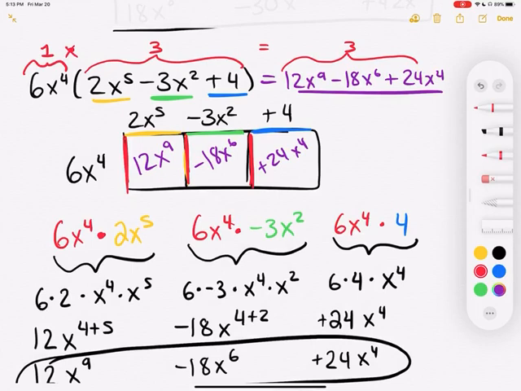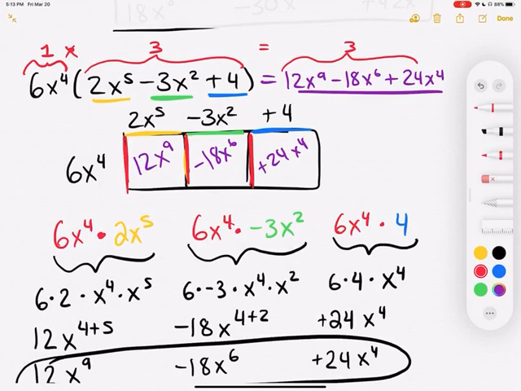It's an indicator just to make sure that you're not coming up with extra terms or more terms than what you need. If you multiply 2 terms times 2 terms, you have to have 4 terms at the end before you combine any like terms. If you multiply 6 terms times 6 terms, then you have to have 36 terms at the end of the distribution of all of these areas.